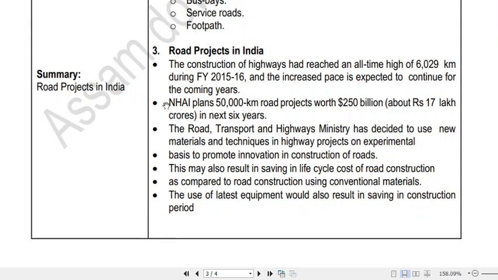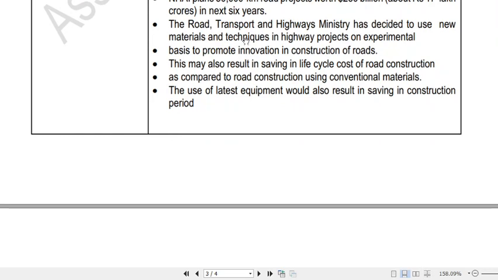Now NHAI, that is the National Highways Authority of India, plans a 50,000 kilometer road project worth 250 billion in the next 6 years. The Road Transport and Highways Ministry has decided to use new materials and techniques in highway projects on an experimental basis to promote innovation in the construction of roads.